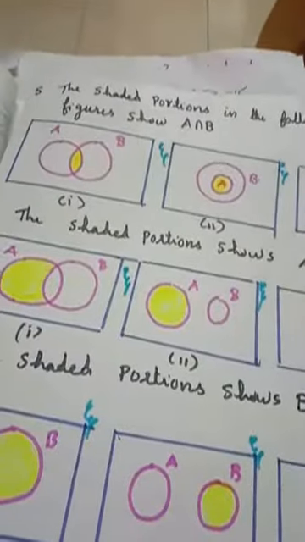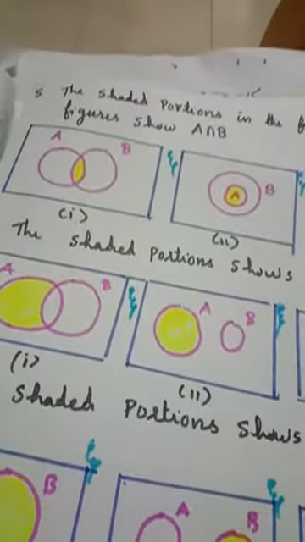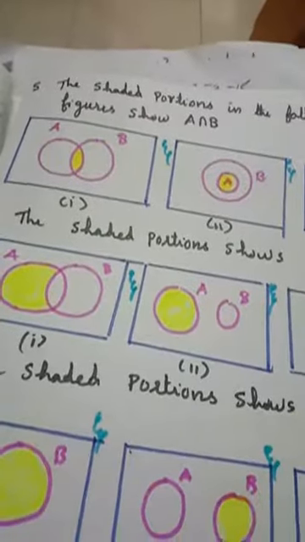So please note the diagrammatic representation, that is the Venn diagram. How to mark an overlapping set. This is an overlapping set. Then how to mark a disjoint set. This is a disjoint set.